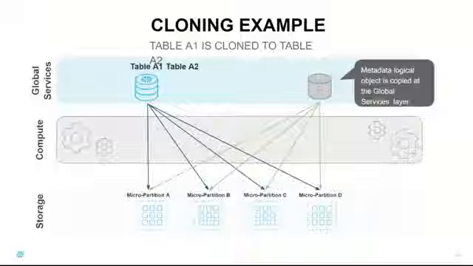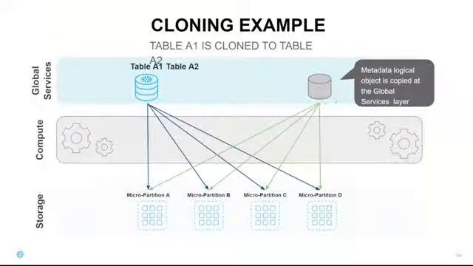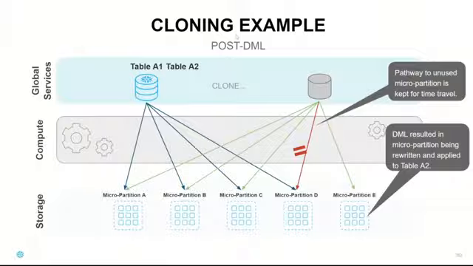So you are not going to be charged for additional storage for the A2 table until you make some changes to it. After a DML operation, if you make any changes to the clone table, since Snowflake does not update existing micro partitions, it creates a new micro partition for whatever update you made to table A2.